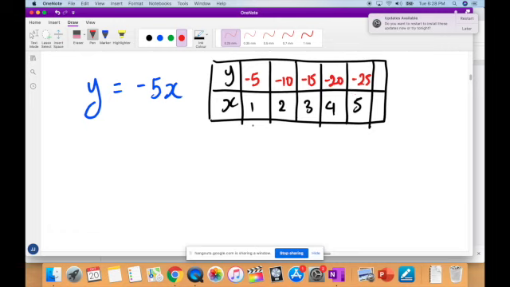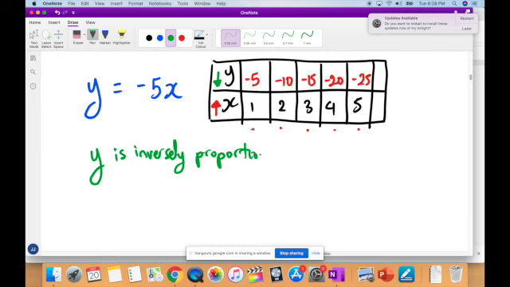So we could see here that as X gets larger, what is happening to Y, Scotia? Right, so we could see here that Y is getting smaller. So therefore, we could say that Y is inversely proportional to X. Now, I hope I spelled inversely proportional correctly, right?